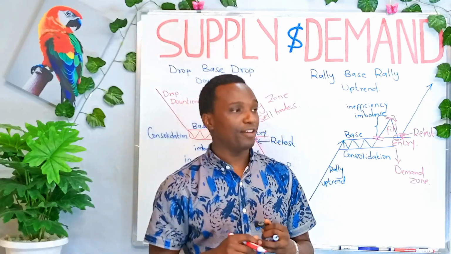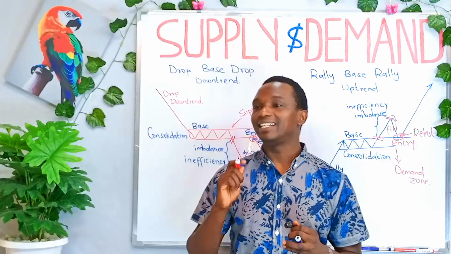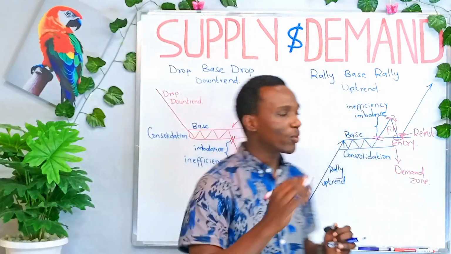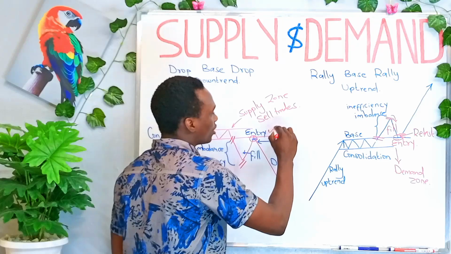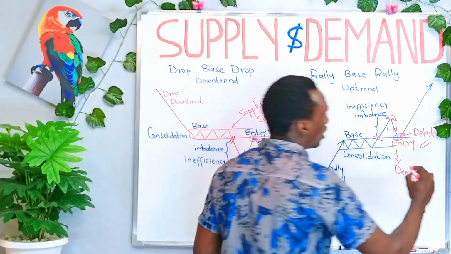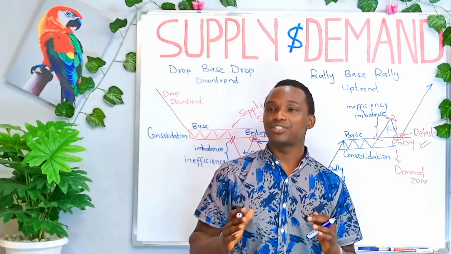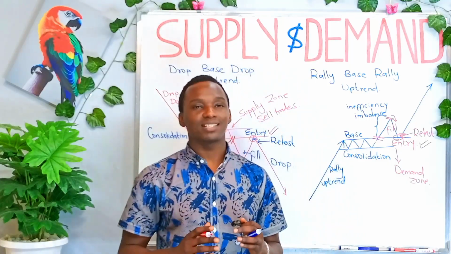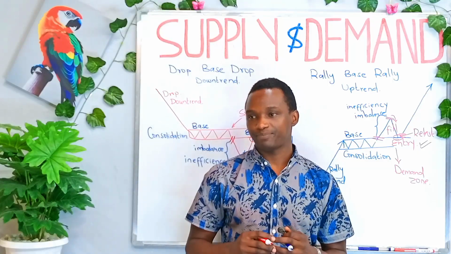Fifth, we are going to study how to trade the supply zones. You can clearly see that here I said that our entries should be here, and here. We are going to look at the best places to take our entries, our stop losses, and where to put our take profits.